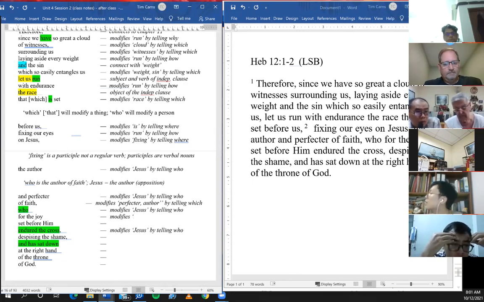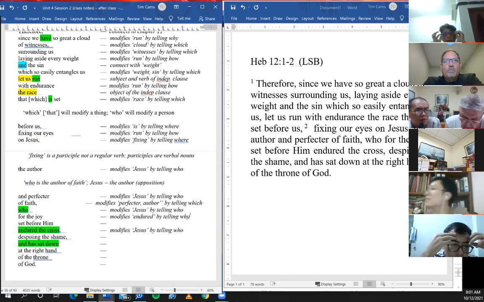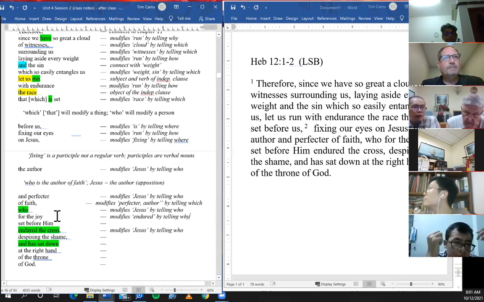Modifies endure, the verb. Okay. Telling why. Very good. Now, why did you say that? That's correct. How do you know it's modifying or by telling why? What's your reason? Because the preposition for is for the intention.